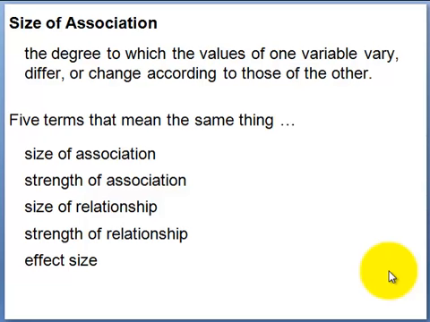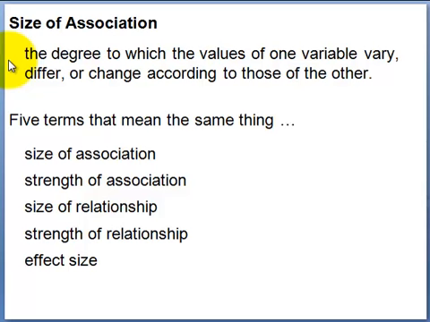This video is the second half of Chapter 6, and we're ready to discuss size of association, the degree to which the values of one variable vary, differ, or change according to those of the other.